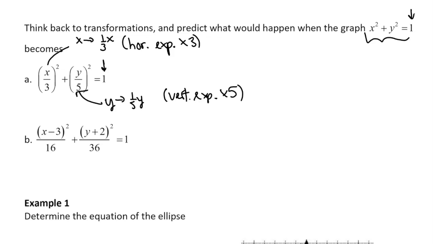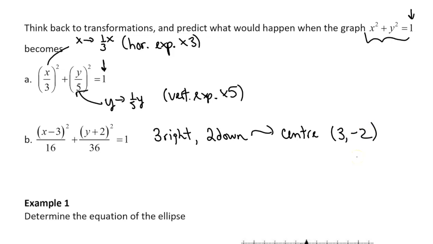And so for part B, let's take a look at the translation first. And so x has been replaced with x minus 3. So we're going to say that we're going to move 3 units to the right from 0, 0, and we're going to move 2 units down. And another way of saying that is our center is going to be the point 3, negative 2.